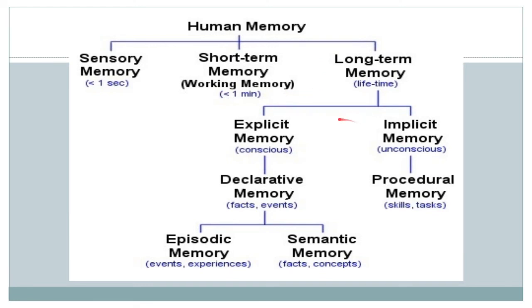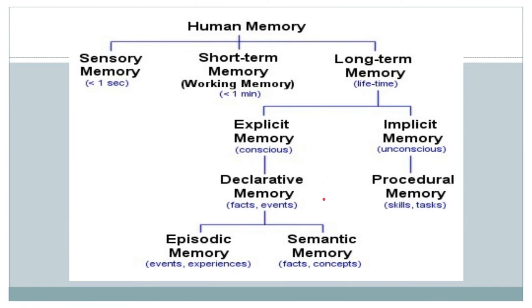There are two types of long-term memory. You have implicit and explicit. Implicit memory is going to be more unconscious, things you don't have to think about. So riding a bike, something along those lines, or how to sign your name. Explicit memory, on the other hand, are more things you have to think about.